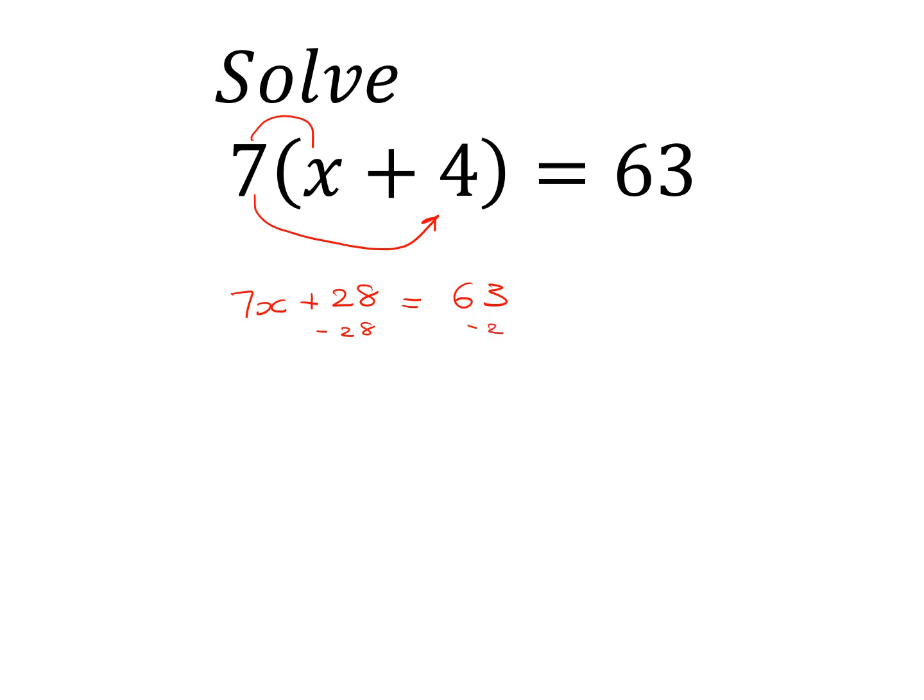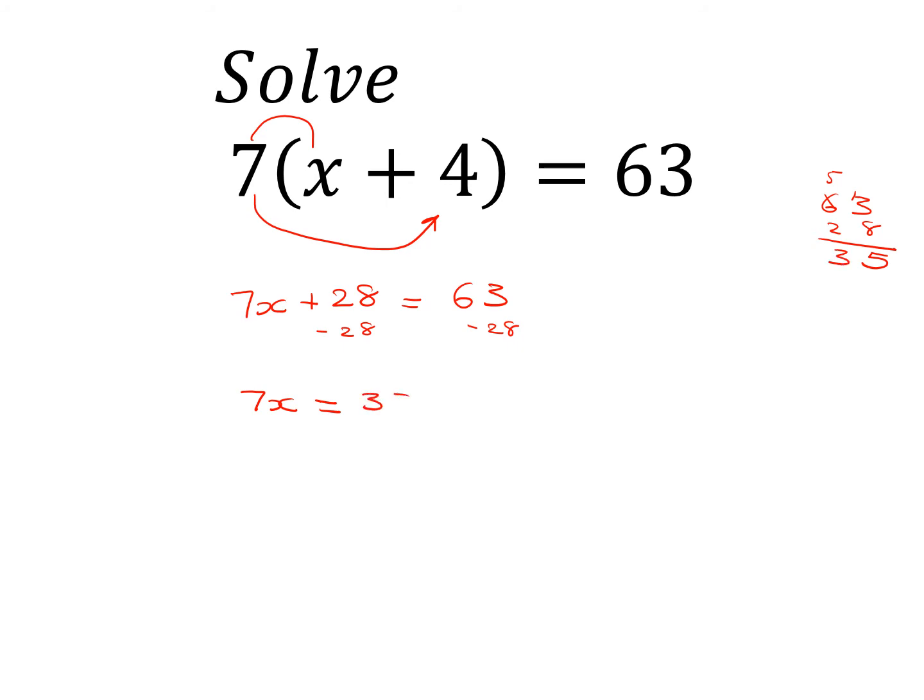We'll end up with 7x on this side equals 63 take away 28. 3 take away 8 we can't do, take 1 from 6 and put that there. 13 take away 8 is 5, and 5 take away 2 is 3, so we've got 35.